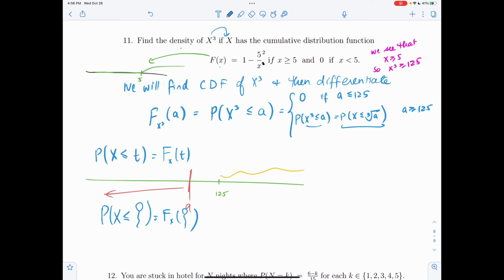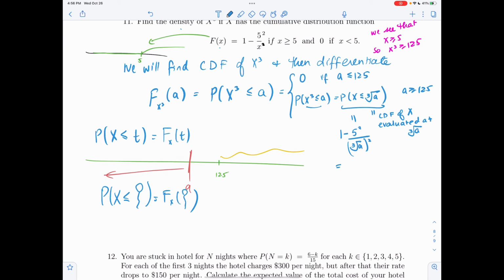Okay, so what's the probability x is less than or equal to the cube root of a? This will be the CDF of x evaluated at the cube root of a, right? So that is 1 minus 5 squared over the cube root of a squared.